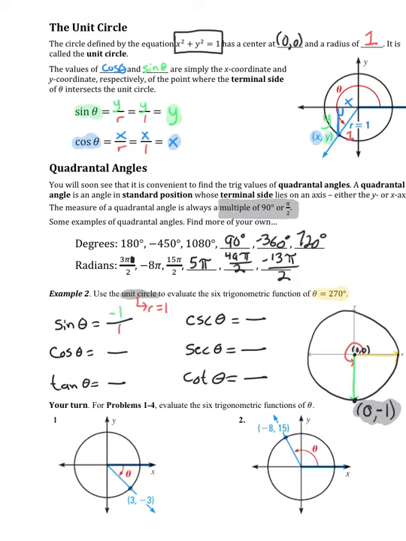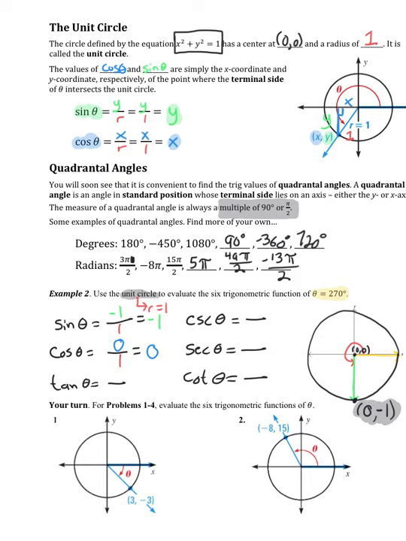Or, like we talked about up here with the unit circle, it's just going to be whatever the y value is, negative 1. And then that means cosine is going to be the x value, which is 0 over the radius, and 0 divided by 1 is just 0.